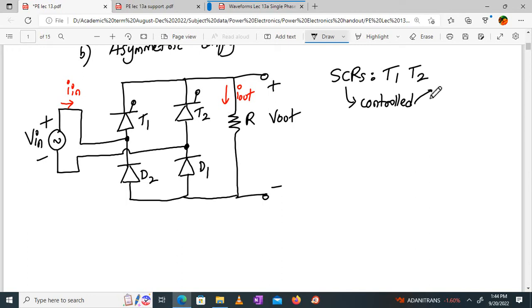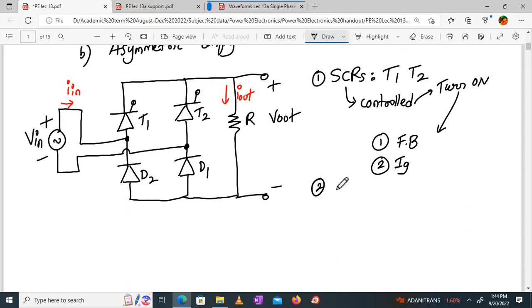We can control the turn on of the SCR. How do we turn on the SCR? There are two conditions. First, make it forward biased, or in the forward blocking mode. Second, you apply the gate trigger to its gate terminal, then the SCR will turn on.